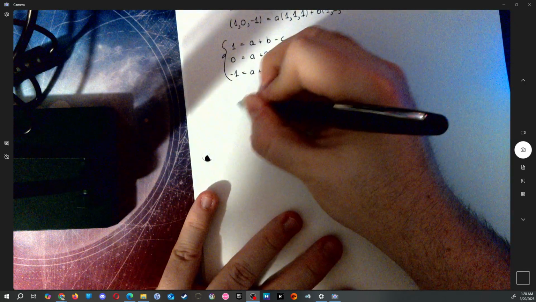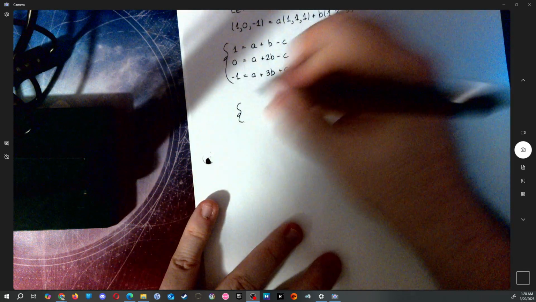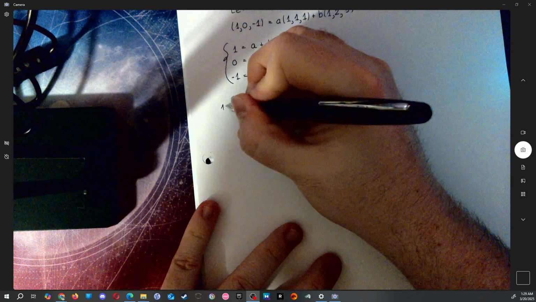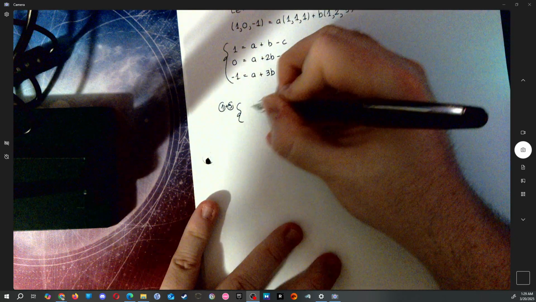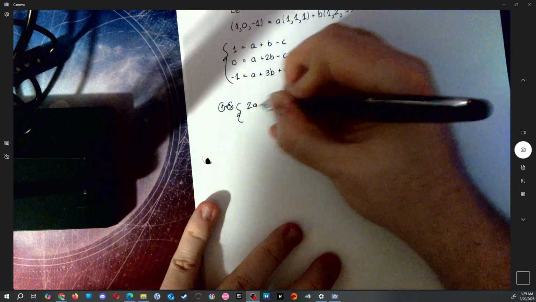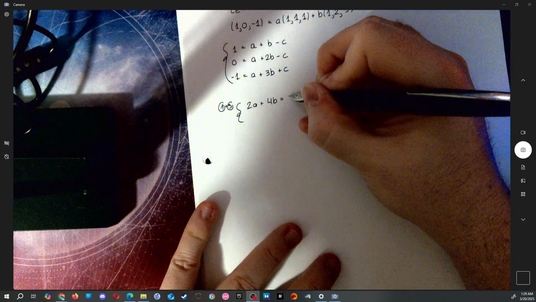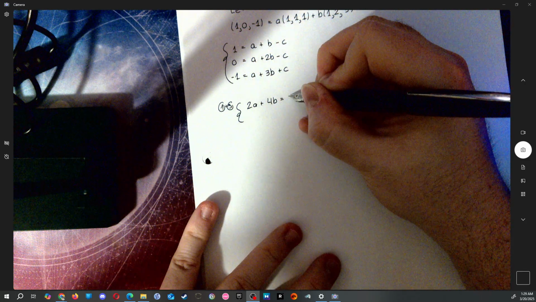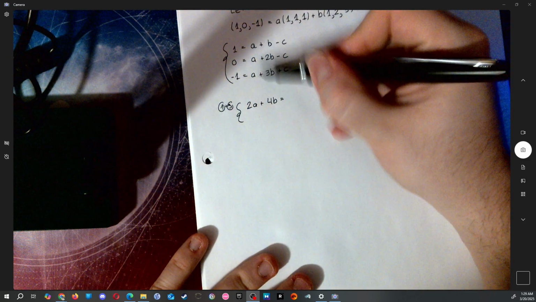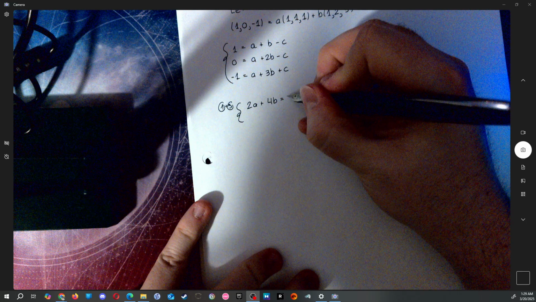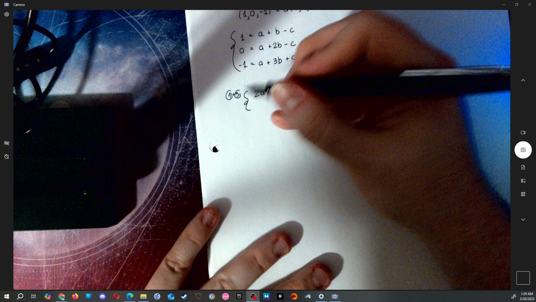Of course, you know how to solve a system of three equations with three unknowns, but my first equation here, I'm just going to do equation number 1 plus equation number 3, and that's going to give me 2a plus 4b equal to 0. Like I said, my mental math is a little slow now, plus and minus 1. I'm just making sure I was looking at the right equations.